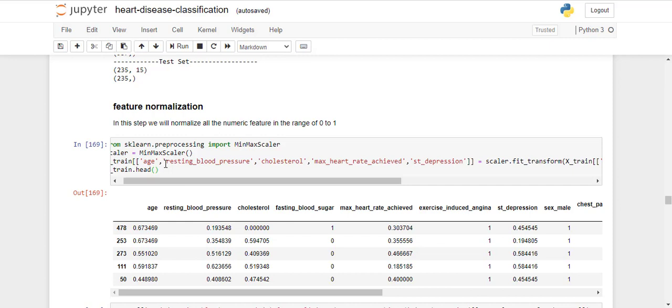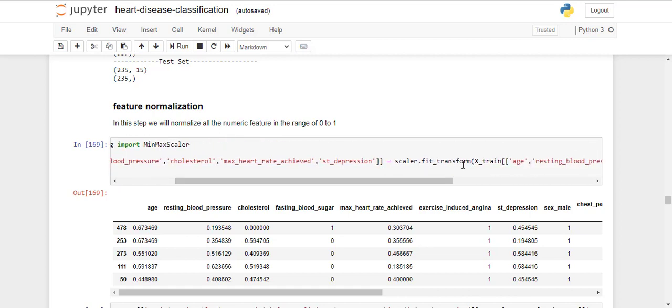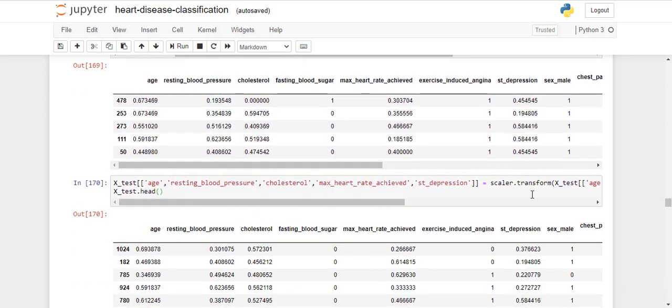The reason is that we do fit and transform on the train set, and on the test set we simply transform. Why not fit? Because it learns the pattern from the training set and does the transform accordingly on the test set. This is the standard way of doing feature scaling, and it is always better to do it after the train test split.